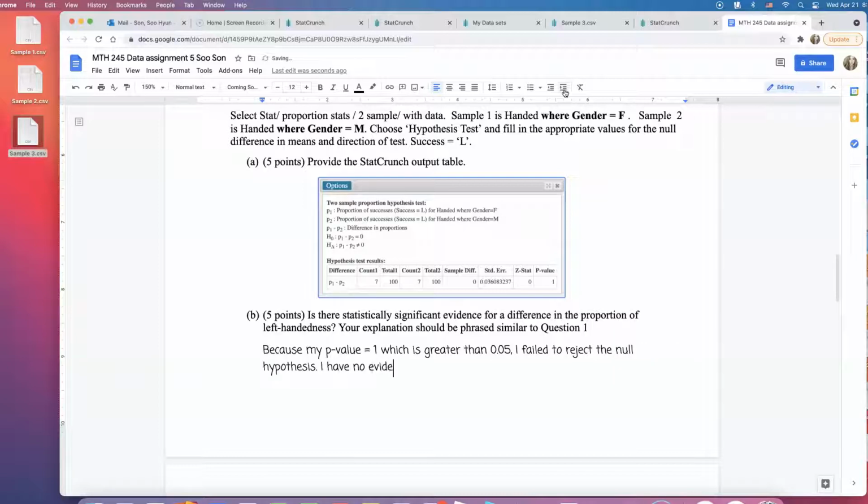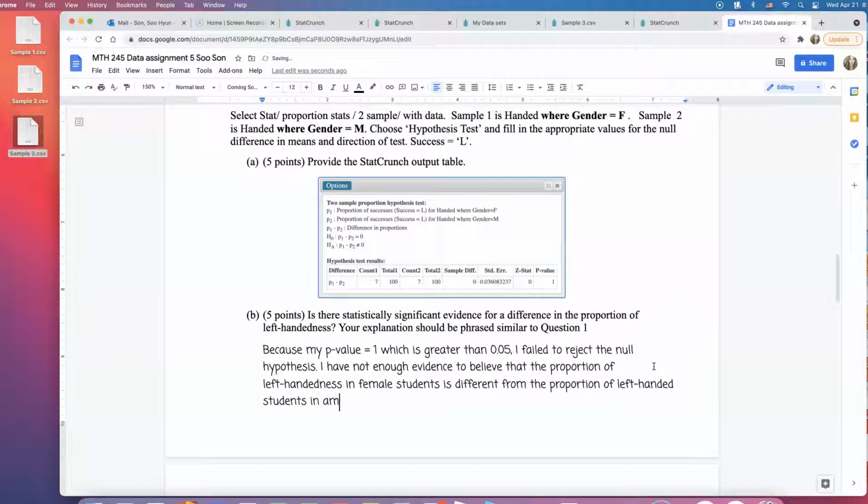I have not enough evidence to believe that the proportion of left-handedness in female students is different from the proportion of left-handed students in male students. I'm horrible at this. I'm sorry.